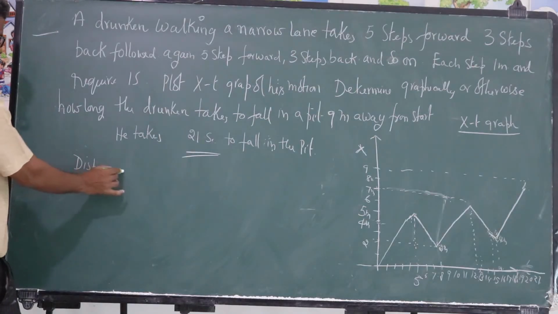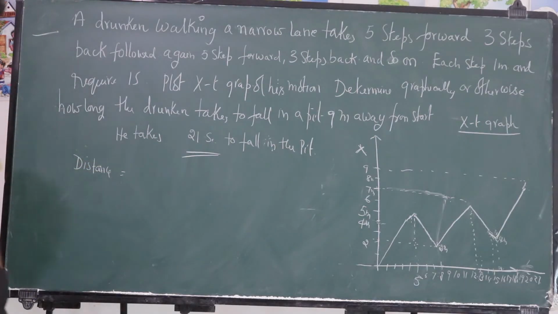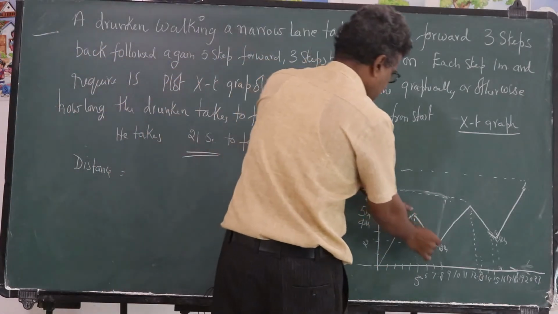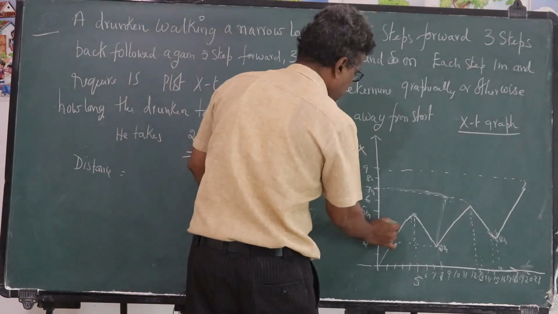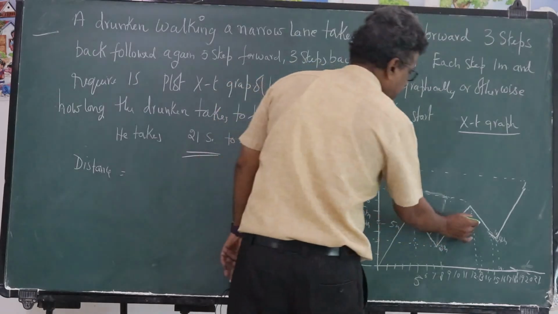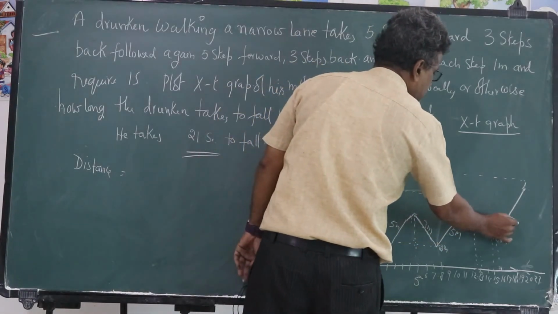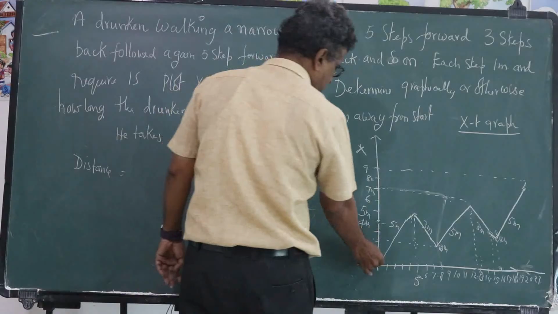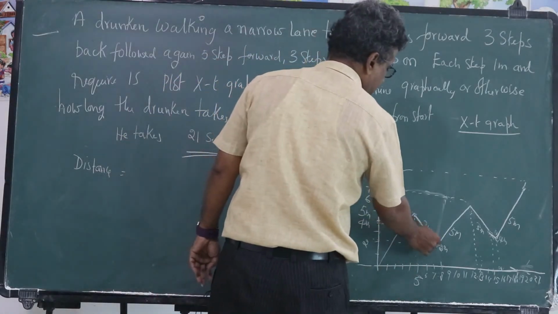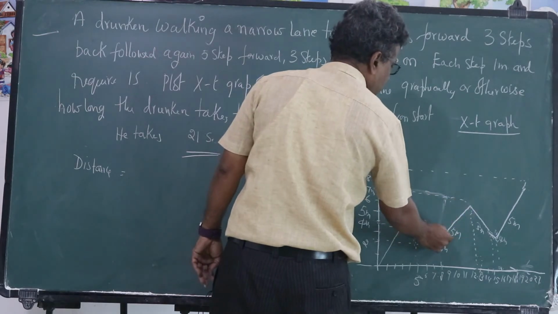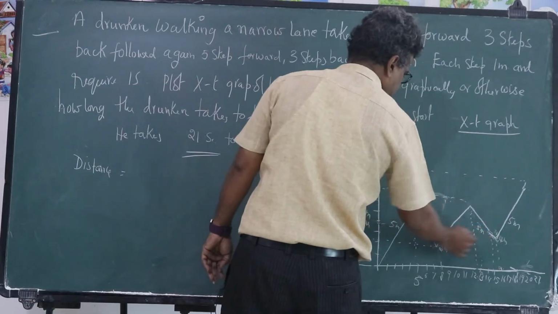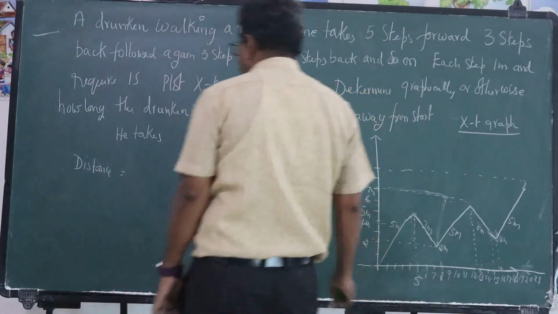Overall, how much distance does he travel? 5 meters, again 3 meters back, 5 meters forward, again 3 meters, again 5 meters. So 5 plus 3 is 8, 8 plus 5 plus 3 again is 16, and 5 more is 21 meters.